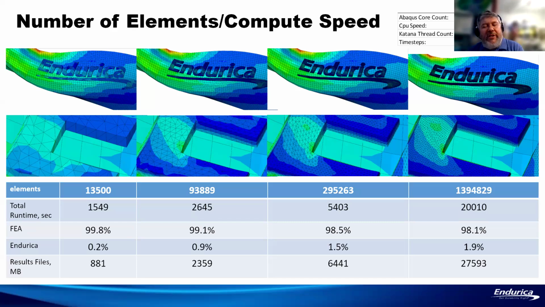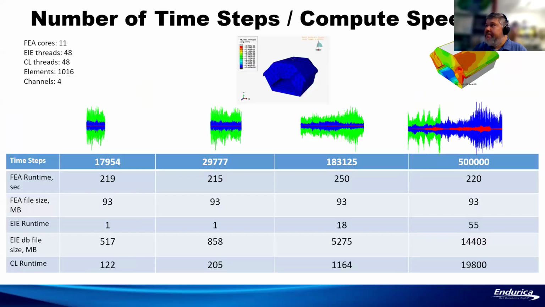So depending on your machine and your license, you can run the analyses as fast as you want. It's just a matter of distributing enough across enough CPUs to get the job to run quickly.